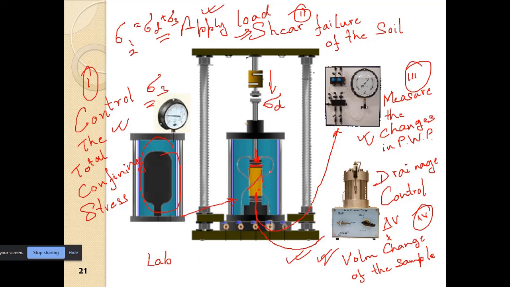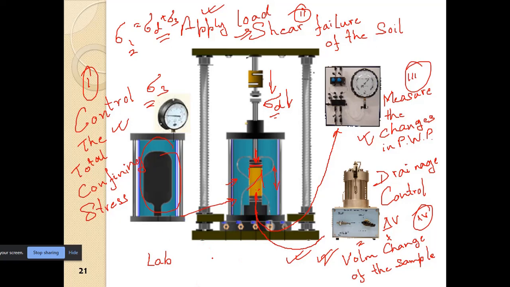Now we can measure the deflection of the soil in response to the applied load. We can measure the volume change of the soil in response to the applied load when we apply sigma 3, when we apply sigma 1. So we can measure the volume change, and we can measure the axial strain. We can also measure, when the soil shears, what the failure axial or principal stresses are.